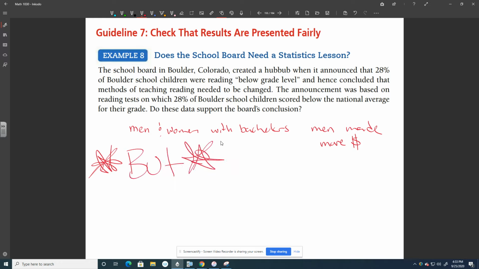And it said that they concluded this was true because the men with bachelor's degrees were working in jobs that paid more money than the women with bachelor's degrees were working in. So instead of comparing a teacher to a teacher, or a male accountant to a female accountant, or a man who is an engineer to a woman who is an engineer, all they compared was bachelors to bachelors.